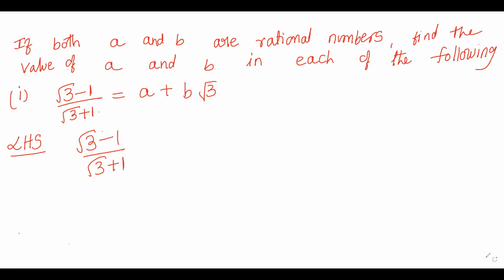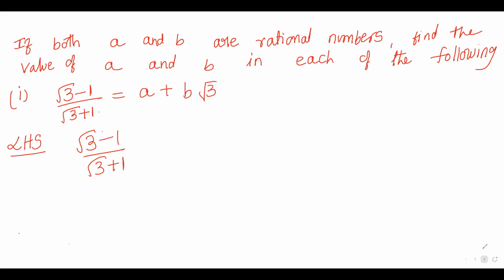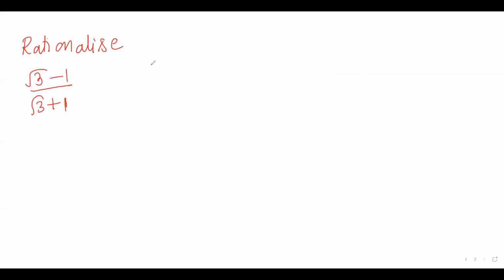After taking left hand side, let us rationalize. Root 3 minus 1, root 3 plus 1. We are rationalizing the denominator. What is the rationalizing factor?